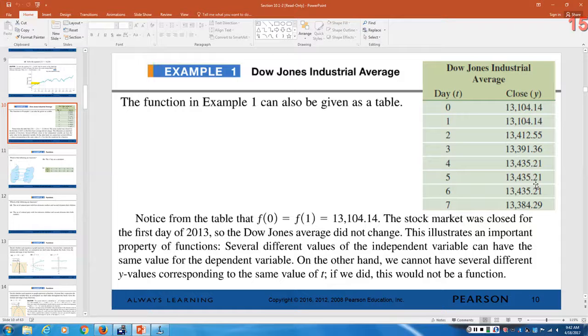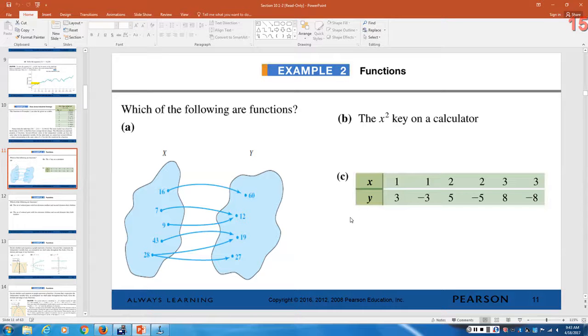And that doesn't violate it being a function. So with that idea, remembering that for each X there can be only one Y, we don't care how many partners Y's got, each X can only have one Y partner.